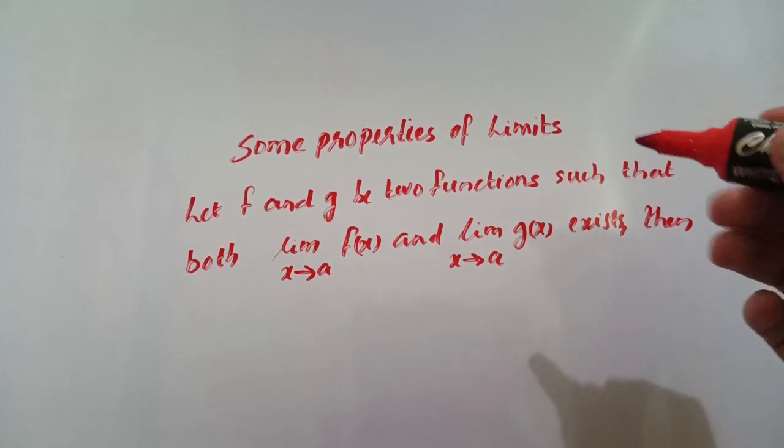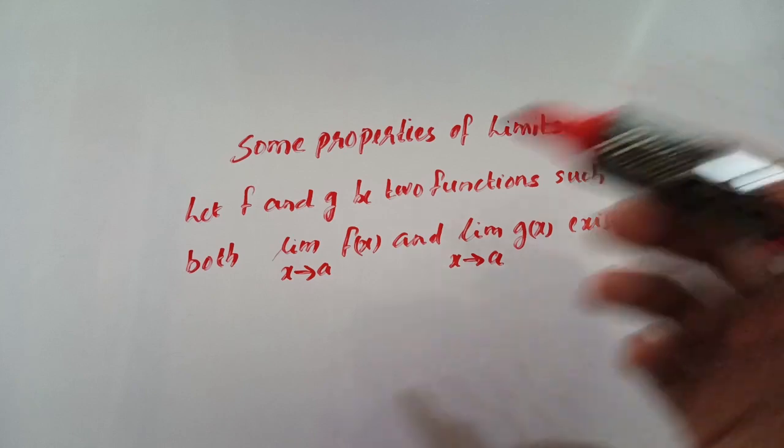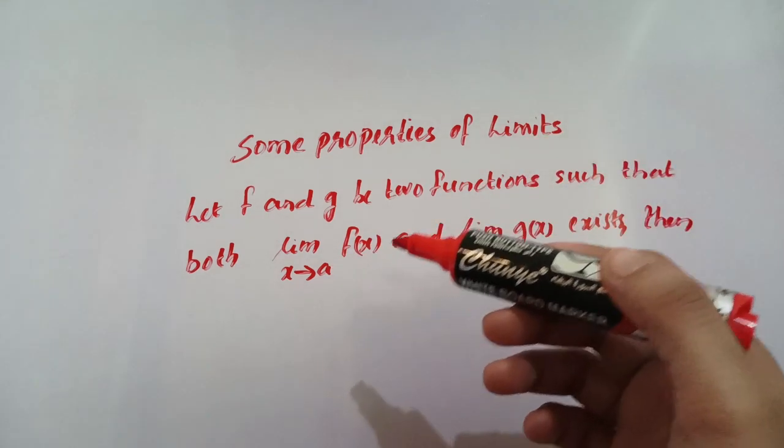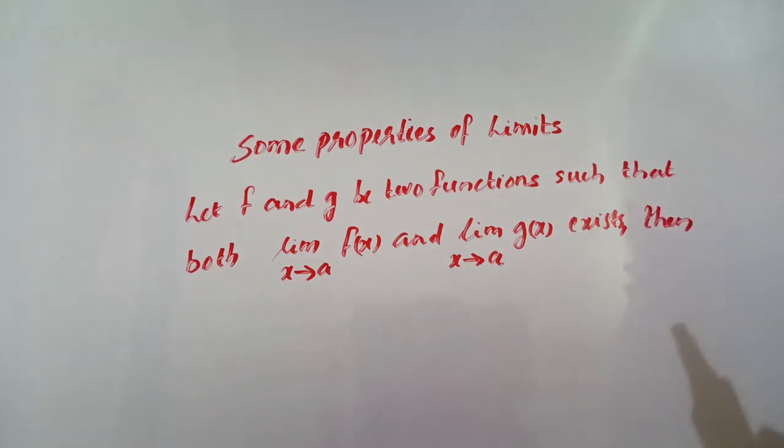Next, we can look at some properties of limit. Let f and g be two functions such that both limit x tends to a, f of x and limit x tends to a, g of x exist.